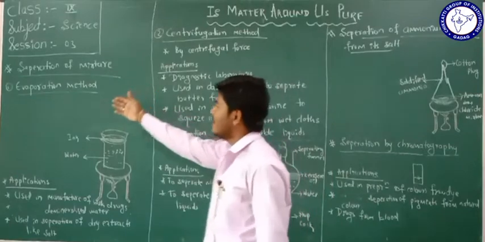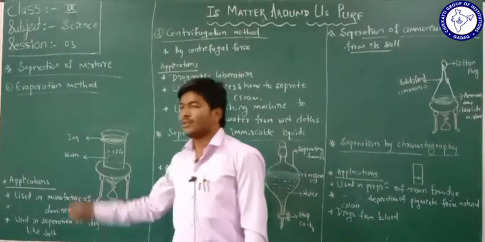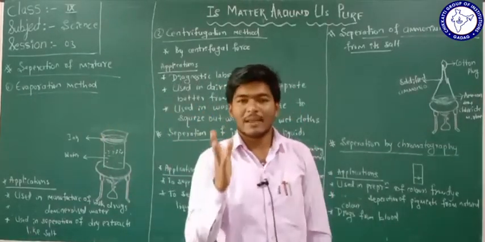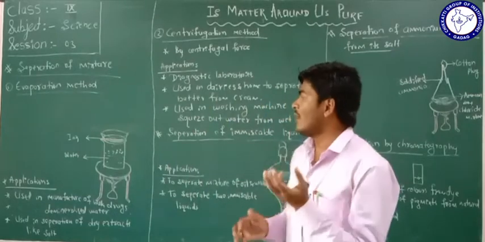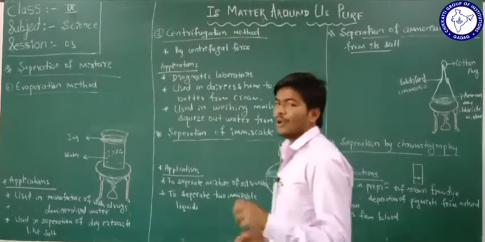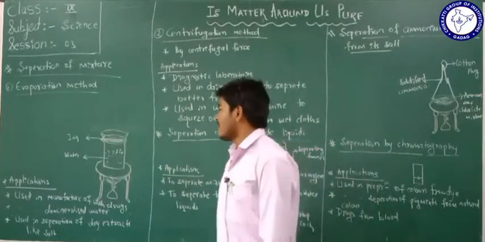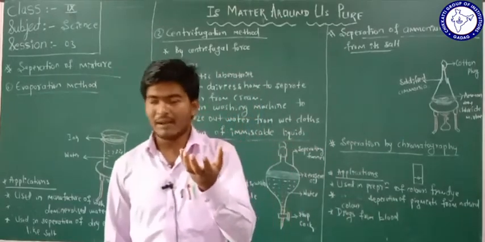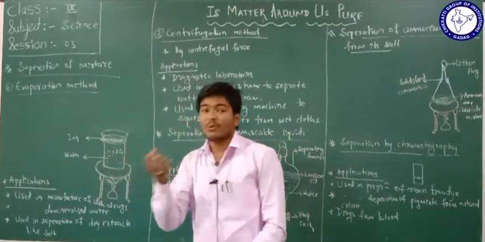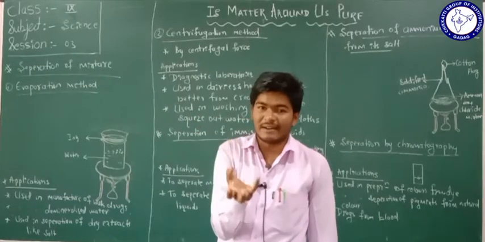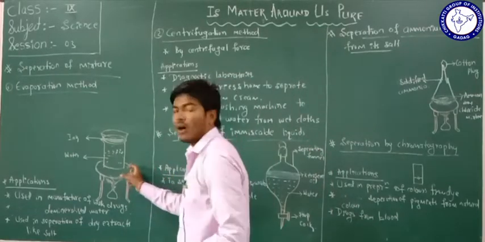First I am considering the evaporation method. It is one type of method of separation, and I will explain it with an example. Take a small beaker, pour some water in it, and place it on a small table.